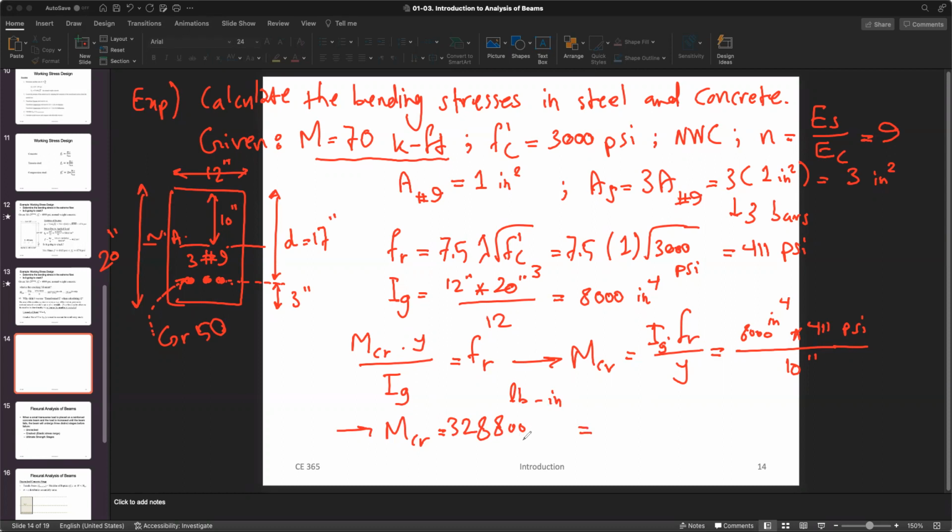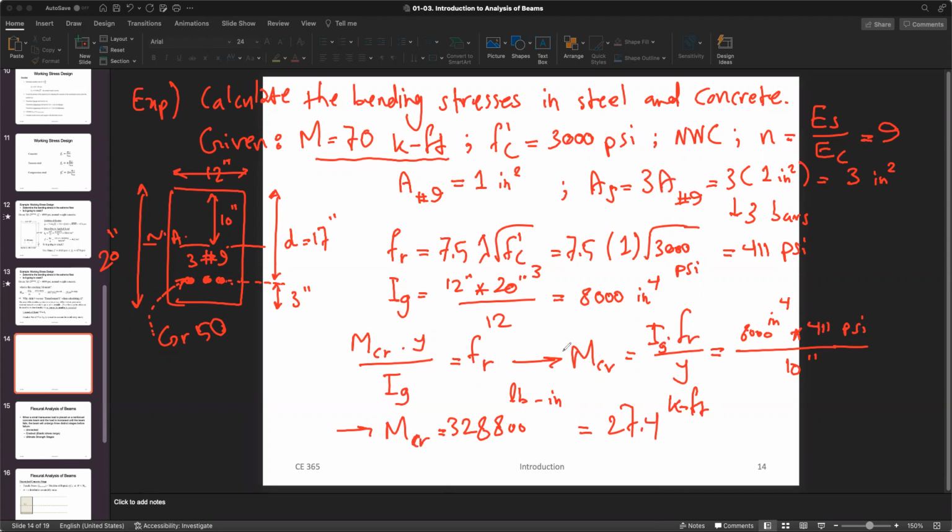So let's change it to kip-foot. You just divide it over 12,000. If you divide over 12,000, it would be 27.4 kip-foot. All right. So this is your cracking moment.